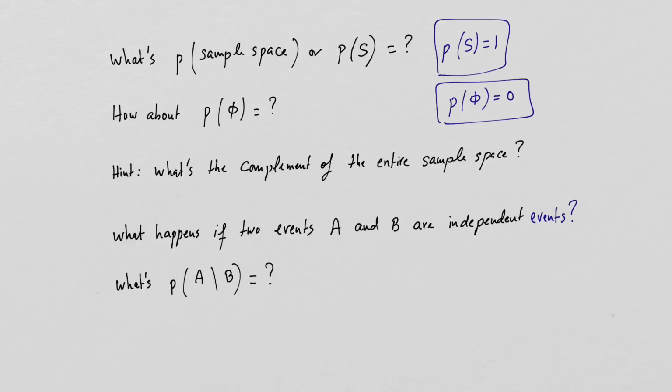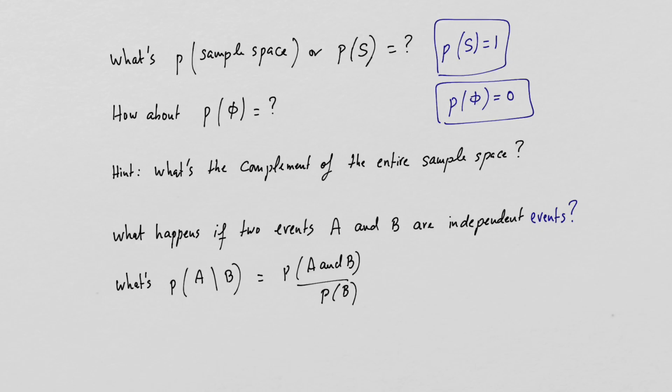So let's pretend I'm looking for the probability of A given B, okay? Well, the probability of A given B, as you know, is P of A and B divided by P of B. Isn't that true? But if the events A and B are independent, the probability of A given B does not depend on B. If A and B are independent, then A could care less what B does.